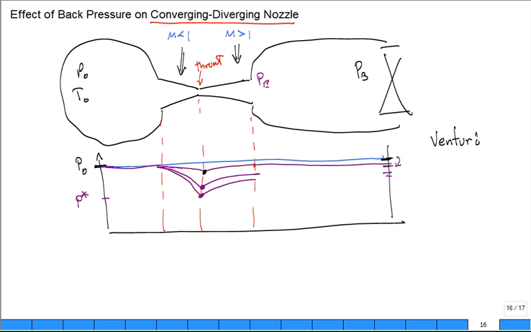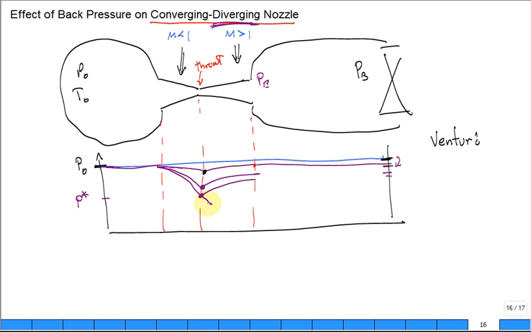You get to 1, and it now wants to take it and accelerate it some more, because now that looks like a supersonic nozzle, not a subsonic diffuser. The diverging section, up to this point, acted like a subsonic diffuser, but now it acts as a supersonic nozzle. So now it'll come down like this.